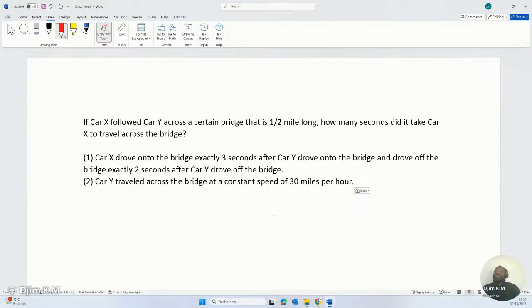So the question here is how many seconds did it take car X to travel across the bridge? We know that speed is equal to distance over time, and time is equal to distance over speed.